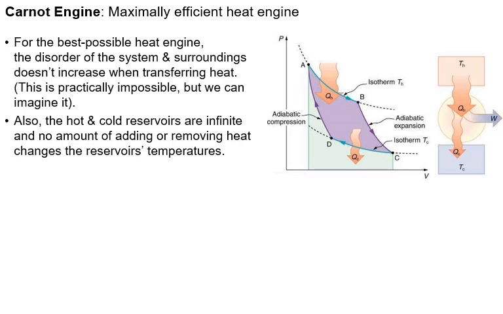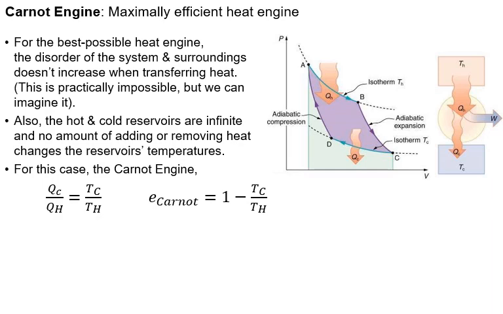Adding heat to the cold reservoir doesn't change its temperature. This might sound dumb because how do you add heat to something and not change the temperature? But it turns out it's close enough to true in real life that you can often use it. If you have a really massive object and you add or remove a little bit of heat, you don't really change its temperature that much. So that is not that crazy of an assumption.